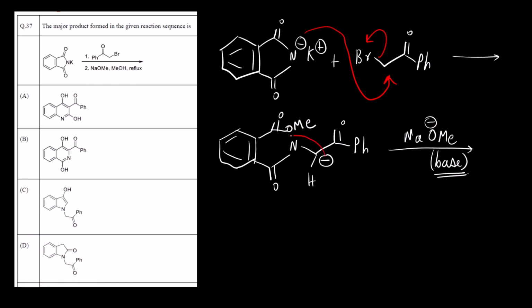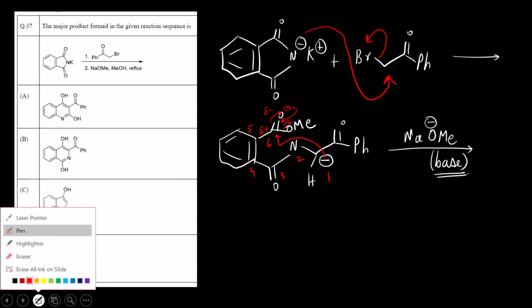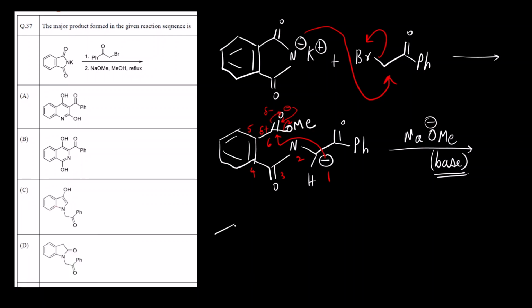This enolate can attack the carbonyl carbon which is electron deficient, delta plus, delta minus. This will open up O minus and OMe is a good leaving group that will go away. So we will get a 1, 2, 3, 4, 5 and 6 membered ring. What do we get? Benzene and a 6 membered ring like this.